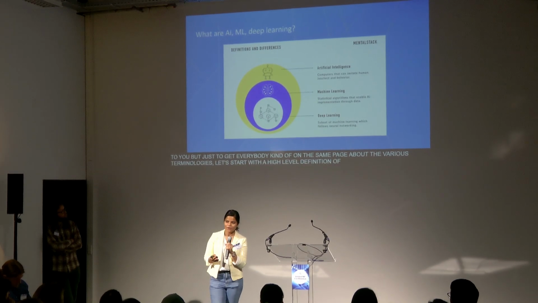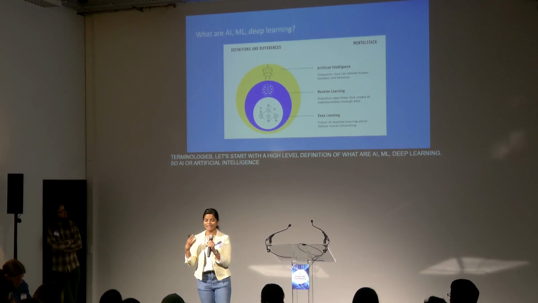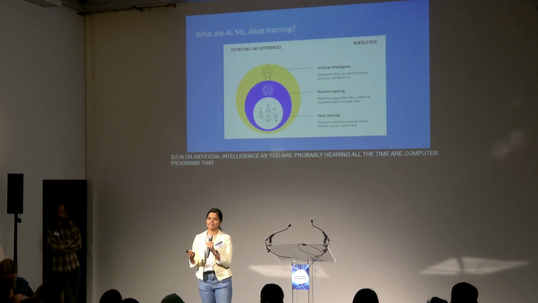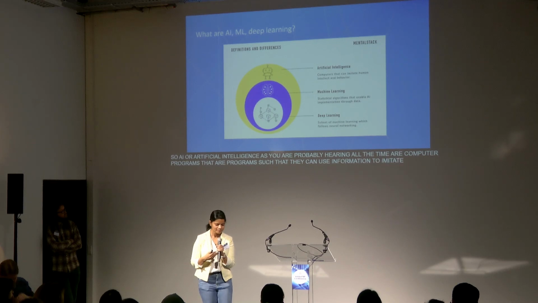So AI, or artificial intelligence, as you are probably hearing all the time, are computer programs that are programmed such that they can use information to imitate human behavior or human intellect.